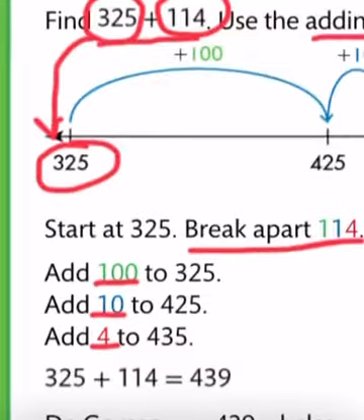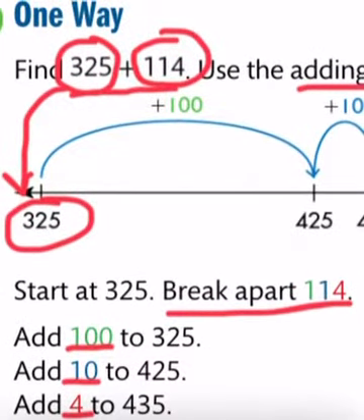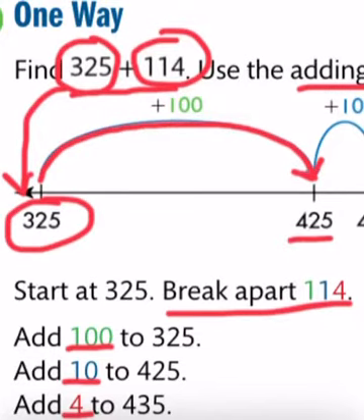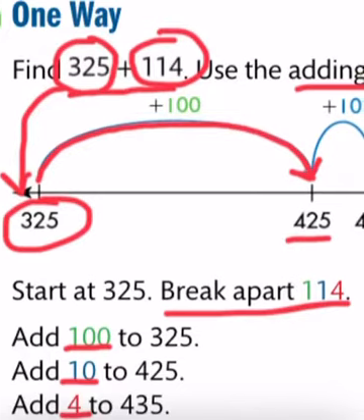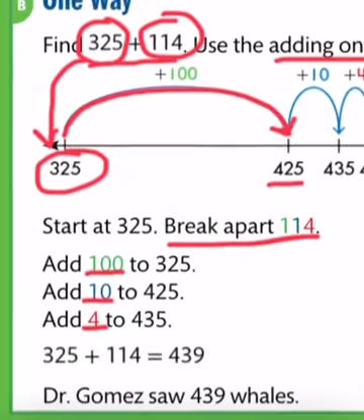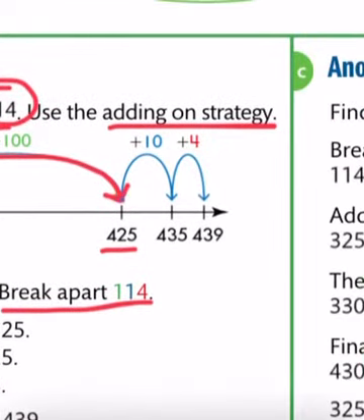That's 114. So the first thing we're going to do is take 325, add 100 to it, and we get 425. Second step, we're going to take and add this 10 right here. So it's 425 plus 10, and we end up with 435.